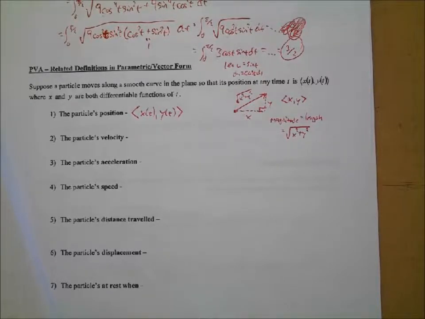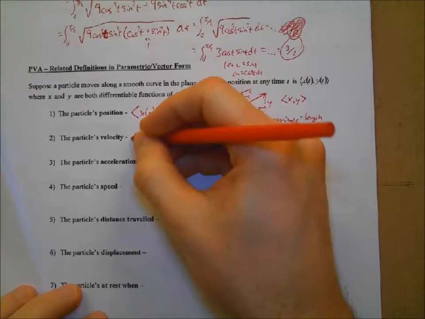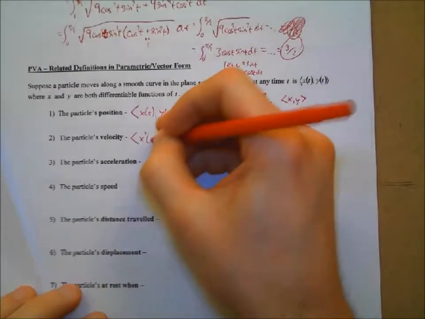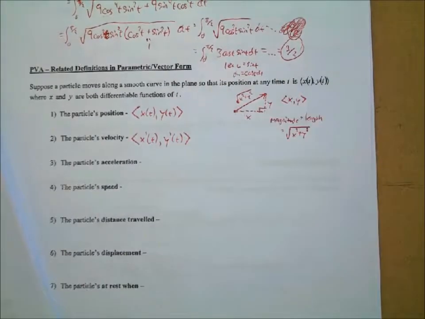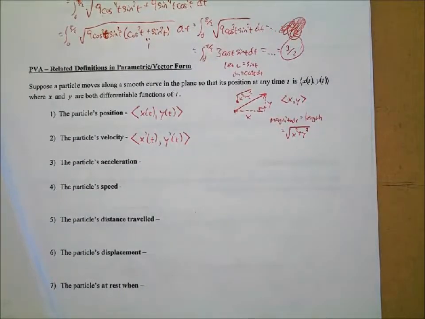So we know position and velocity. How is velocity related to position? What do you have to do? Take the derivative. So that's exactly what we're going to do here. The particle's velocity is determined by x prime of t comma y prime of t. It's just that simple. Notice what it is not.